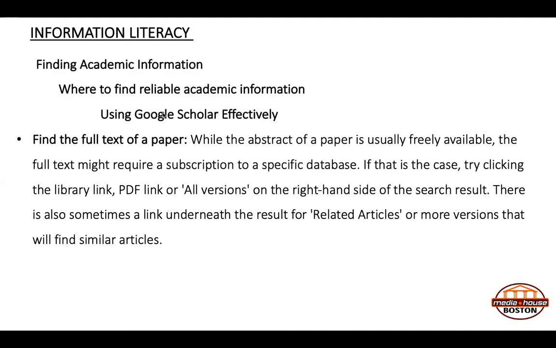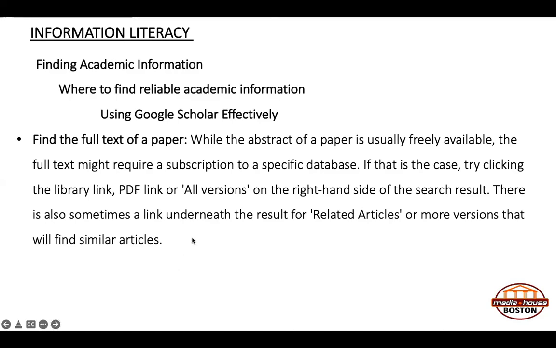Okay, so I guess we spoke about Google Scholar. I particularly don't know what it takes to put information onto Google Scholar. Maybe they have some criteria before articles get published. I will do more research on that.